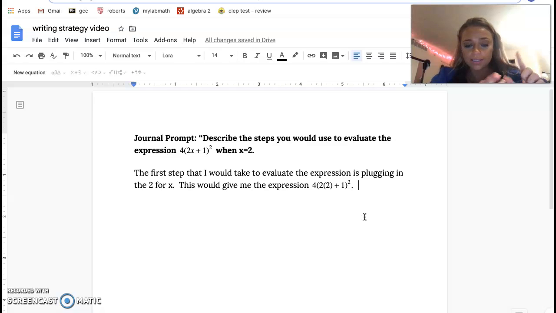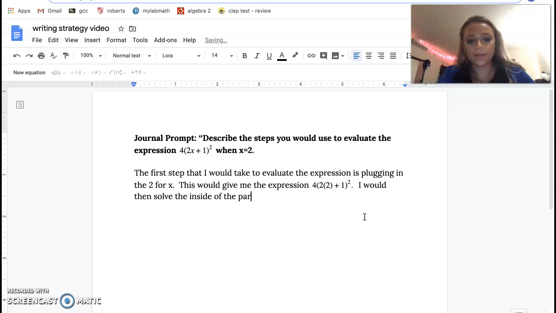So parentheses first. I would then solve the inside of the parentheses because of PEMDAS. So I would multiply 2 by 2 and add the 1.